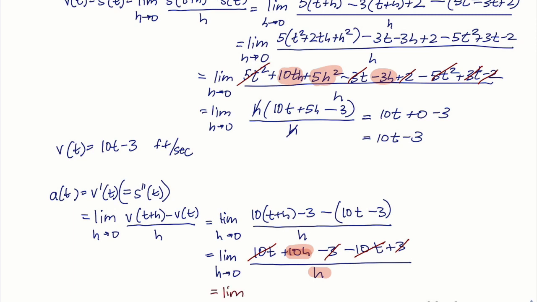So now I have the limit as h goes to 0 of 10, which is simply 10. And again, right at this point where we saw v of t is 10t minus 3, we could say that's linear. Its derivative is just going to be its slope, which is 10. That would be fine, but here's how you would go through that the long way.